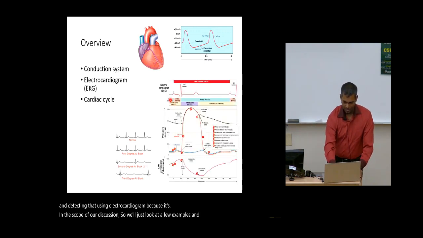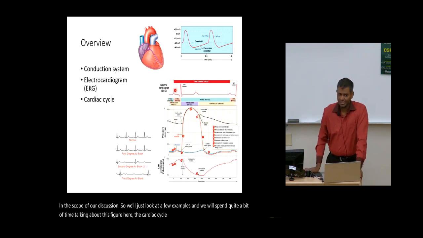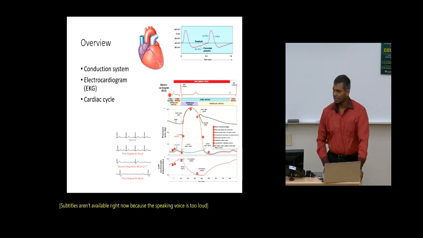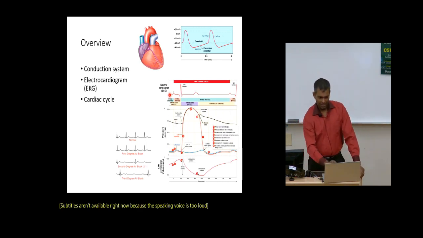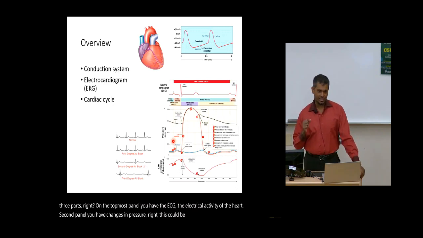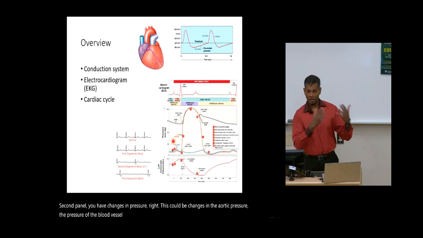And we will spend quite a bit of time talking about this figure here, the cardiac cycle. In this cardiac cycle figure, there are 3 parts. On the topmost panel, you have the ECG, the electrical activity of the heart. Second panel, you have changes in pressure. This could be changes in the aortic pressure, the pressure of the blood vessel carrying blood out of the heart.